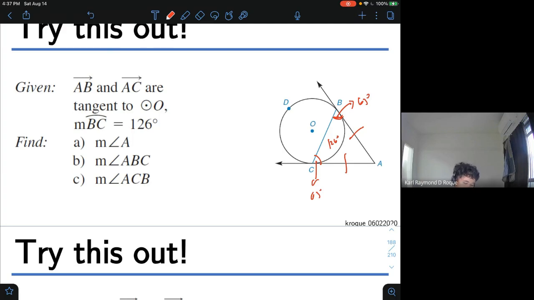Or kung hindi kayo tiwala, 126 degrees to, 234 degrees to. 234 minus 126, 108 over 2, 54 degrees ito. 54 plus 63 plus 63, 180. Bakit 63 degrees to? Kasi angles formed by the tangent, one half of this arc.